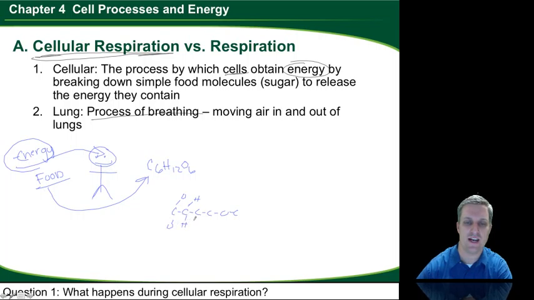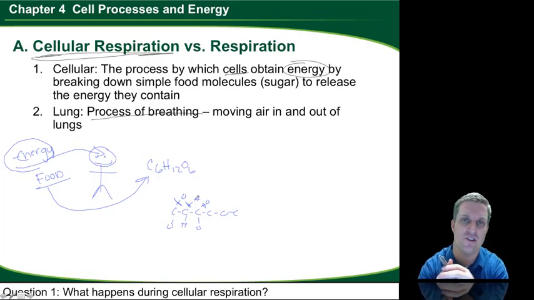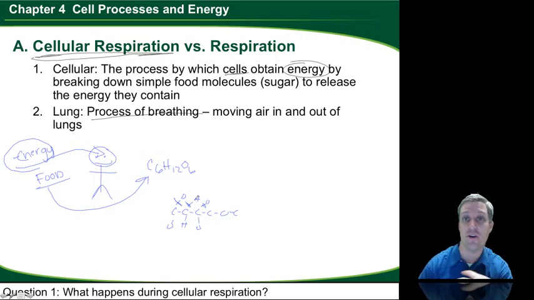This is not exactly correct, I'm just showing you. Every line in this model represents a bond, and it takes energy to hold the oxygen and the carbon together. It takes energy to hold the hydrogen and carbon together. That's the energy that we want to get at.